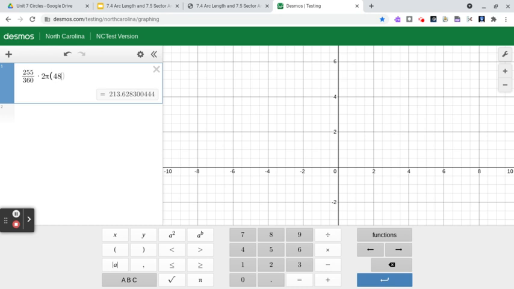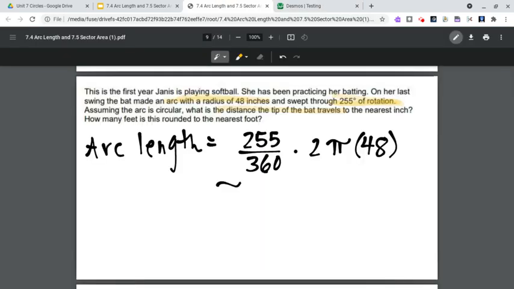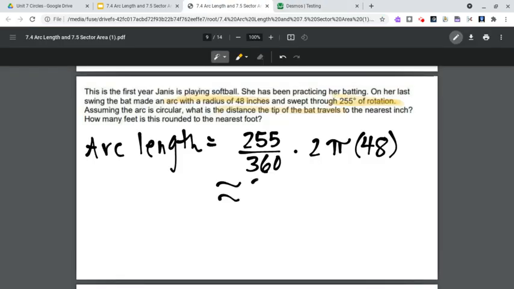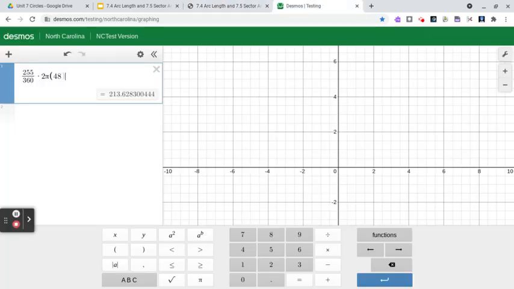So this is 213.63 approximately. Let's keep 213.628 because we're not done yet. 213.628 inches the bat travels. Take that value, divide it by 12, and we'll round that to the nearest foot.